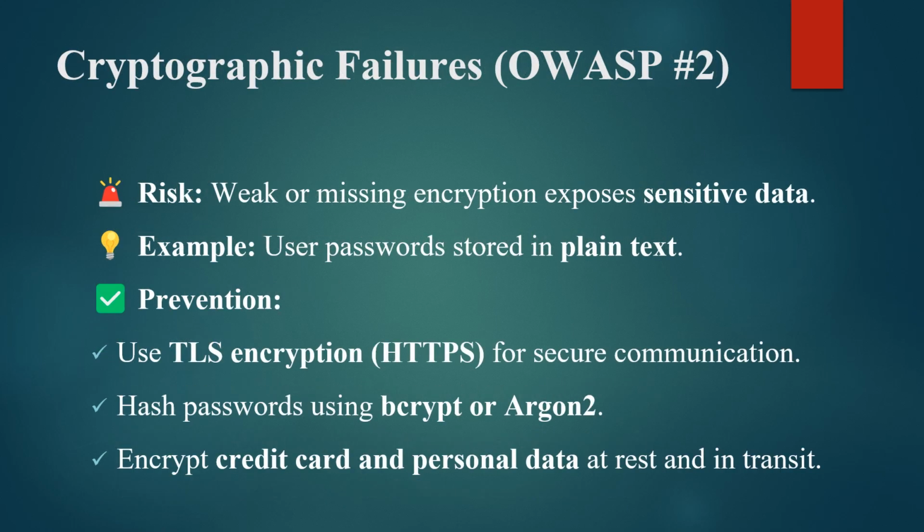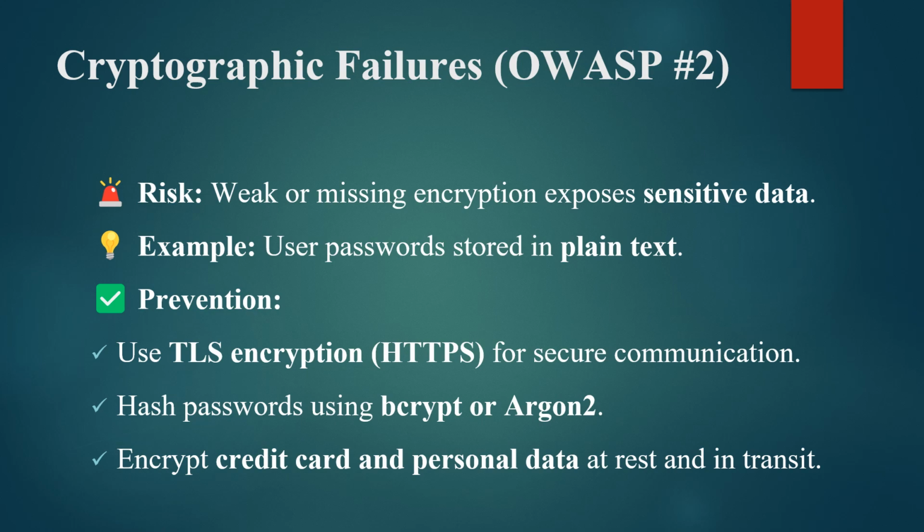Cryptographic failures occur when data is not properly encrypted, making it easy to steal. Risk: attackers steal unencrypted passwords, credit card data, and personal records. Weak encryption allows hackers to crack sensitive data. Example: a 2022 data breach exposed millions of user passwords because they were stored without encryption.